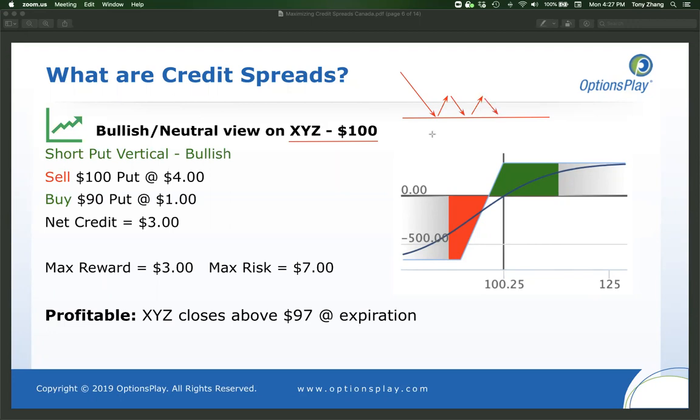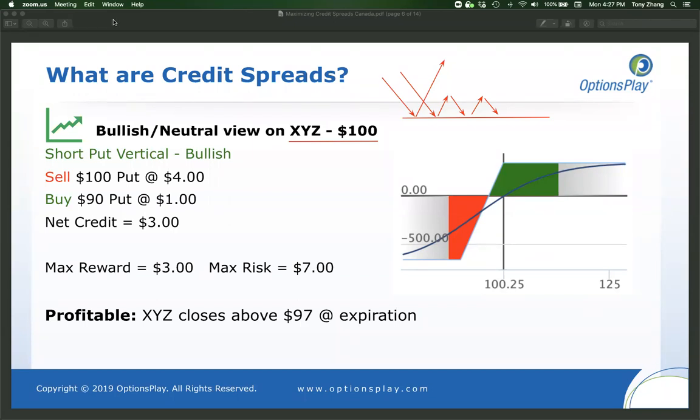What you don't believe is that it's going to cross below 100. As long as you think it's going to stay around 100 or higher, whether it moves a little bit or a lot, that is what we call a bullish to neutral view on stock XYZ.